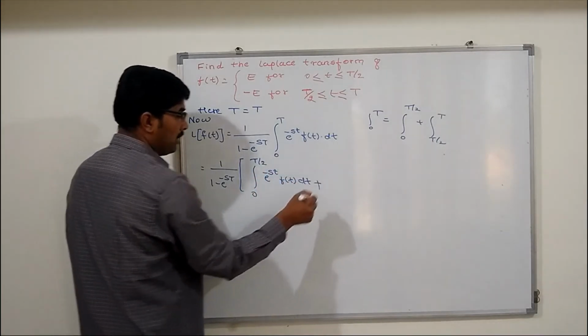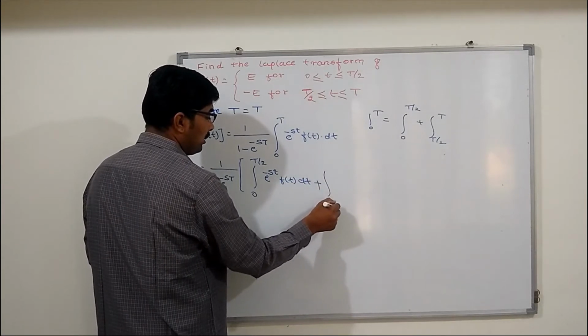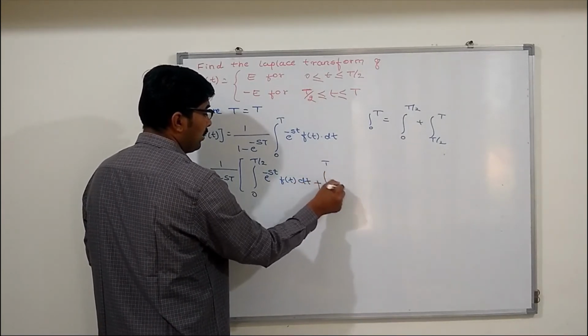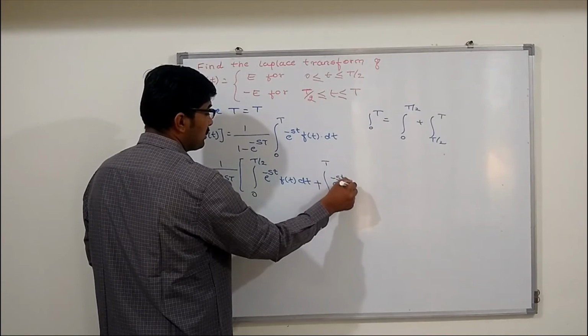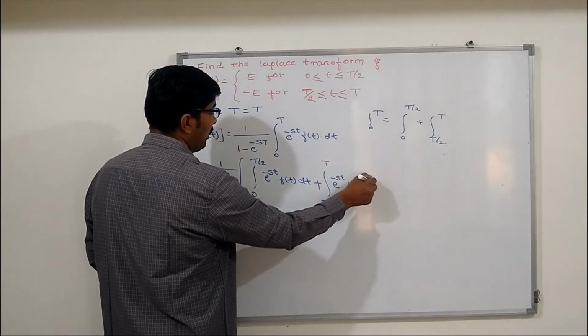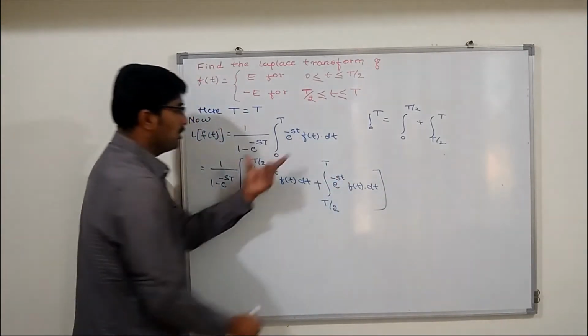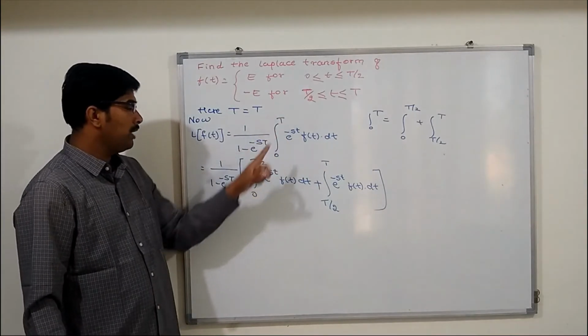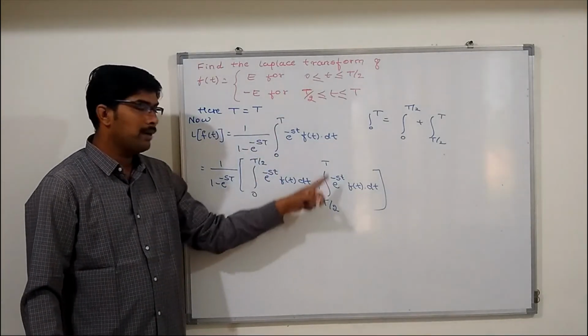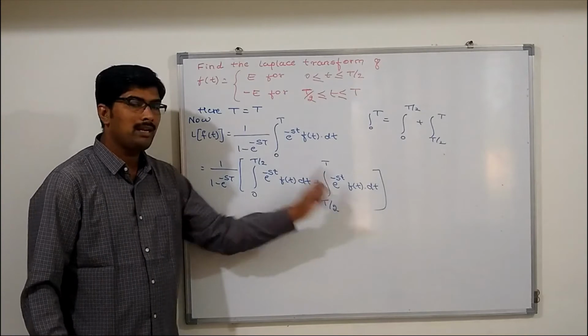This is the first integral, plus integration T by 2 to capital T e raised to minus st f(t) dt. So this integral 0 to T, we can write as 0 to T by 2 and T by 2 to T. Rest of the terms we can write as it is.